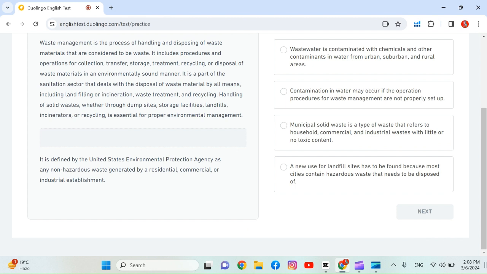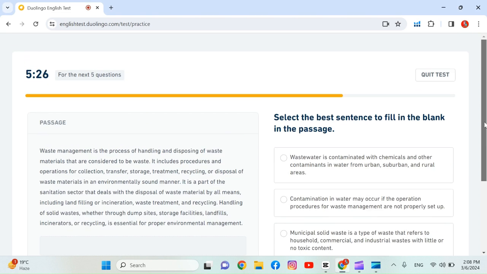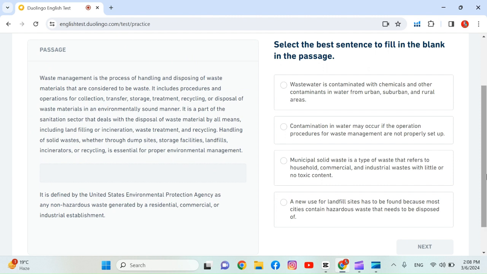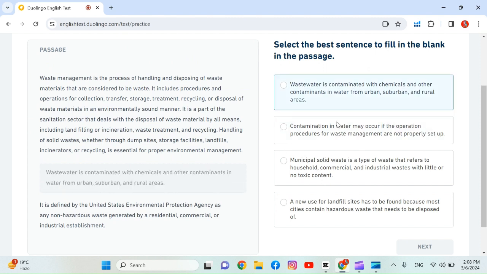So, what's the question? Select the best sentence to fill in the blank in the passage. It is defined by the United States Environmental Protection Agency as non-hazardous waste generated by residential, commercial, or industrial establishments.